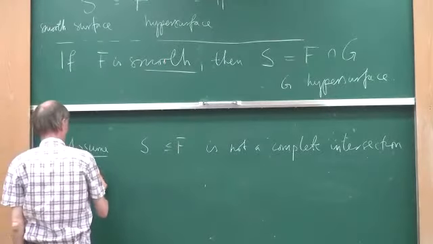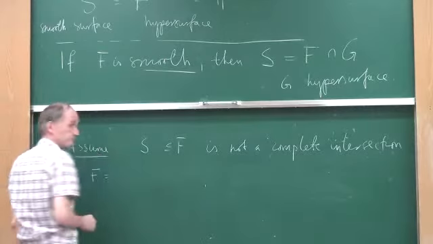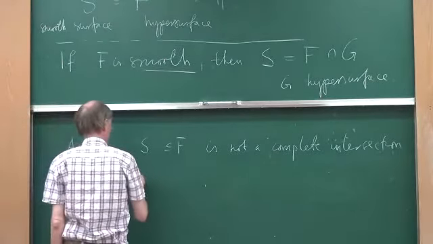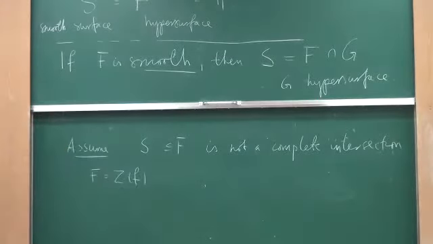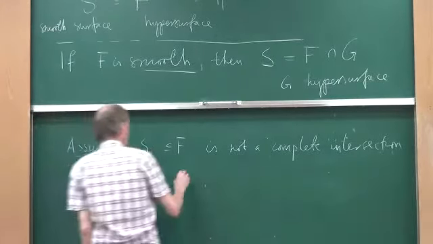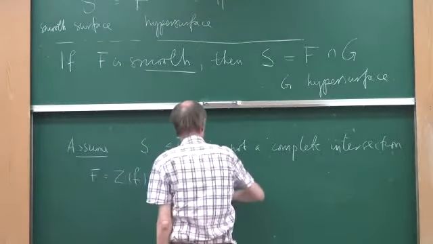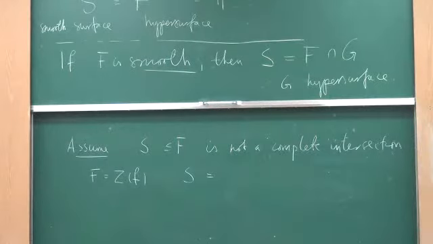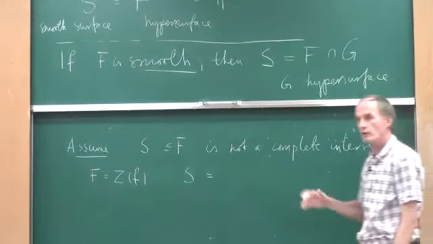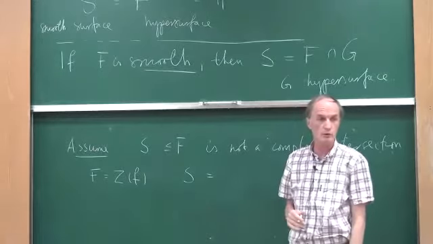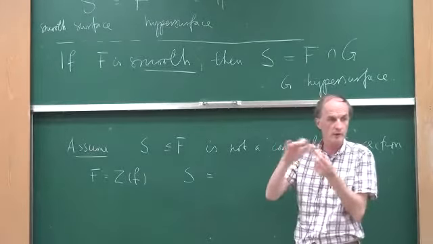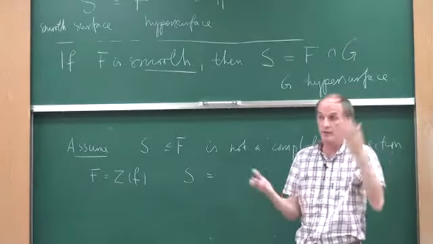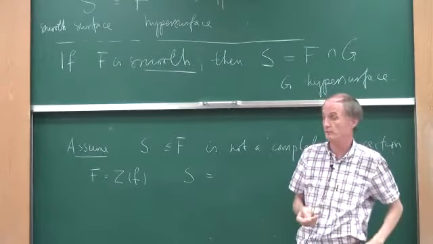And say that F is the zero locus of a polynomial F, and that S is a smooth surface, so locally it's a complete intersection. It's a local complete intersection. At every point I can find two hypersurfaces that generate the ideal at that point.